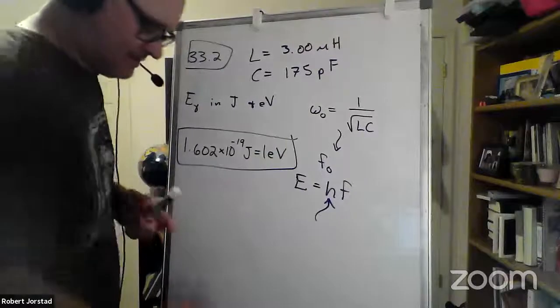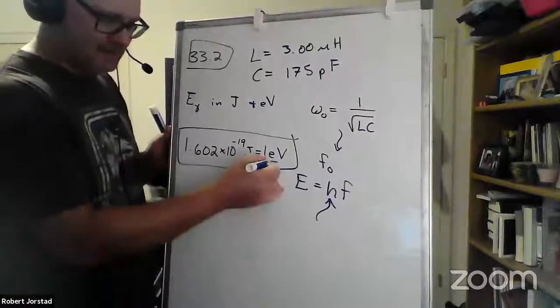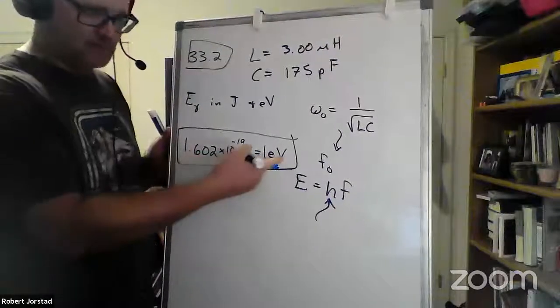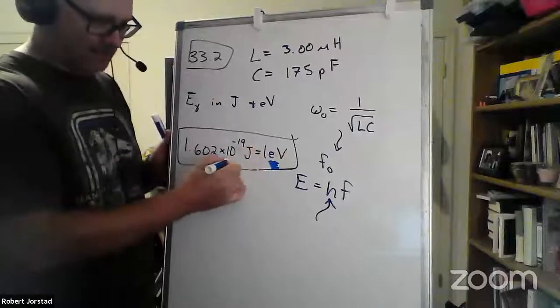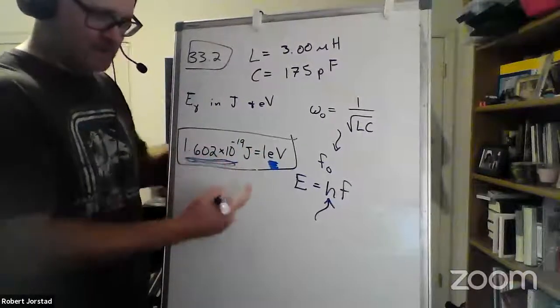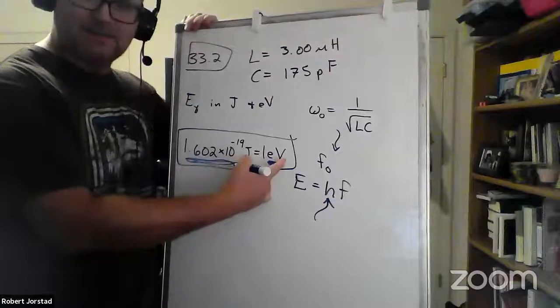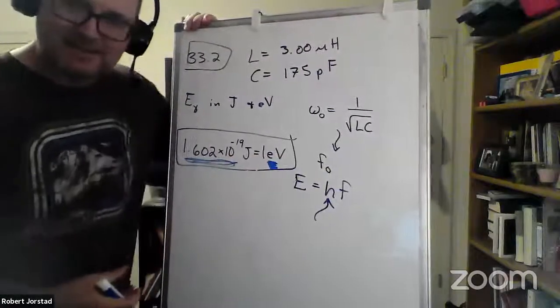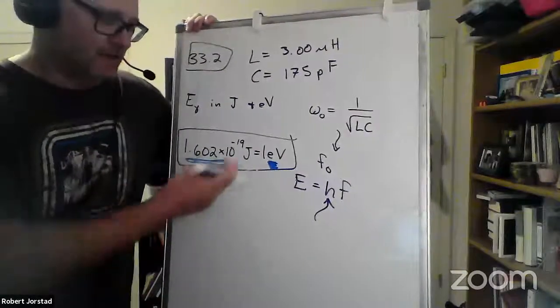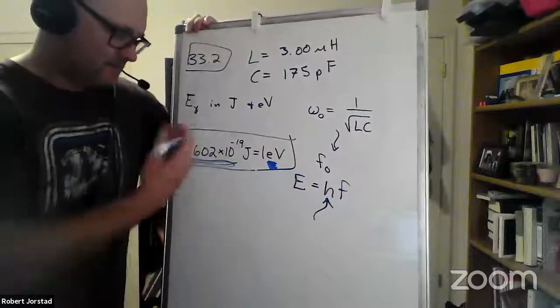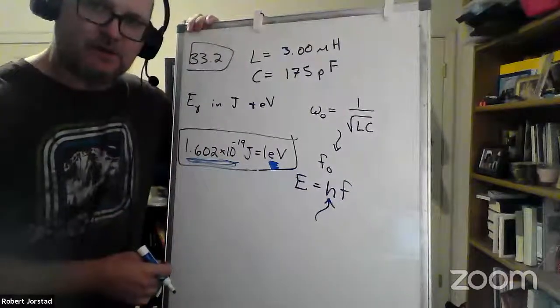If I underline something here, you'll see it. e times 1 volt is this number, right? e times 1 volt, that's what an eV is. It's the charge magnitude of an electron times a volt. Got it? Sadly, I saw 1.602 times 10 to the negative 19.